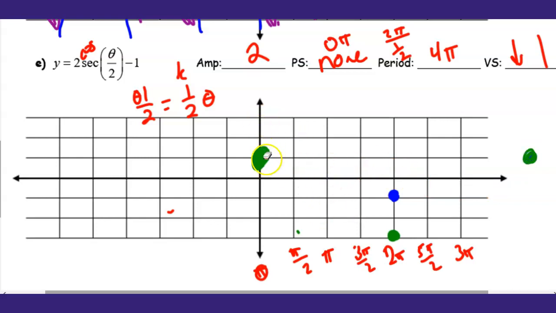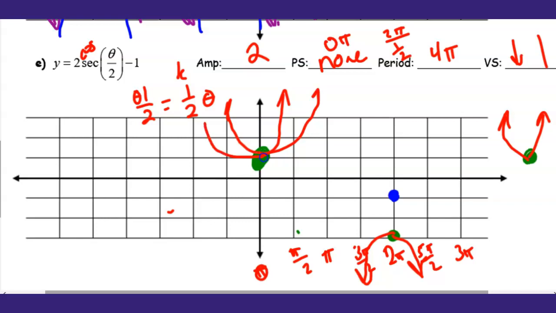And then when we sketch our new cotangent, our new secant, sorry. I said cotangent. There's our new secant. Oh, look, that should be 2 pi. So 1 pi, 2 pi. Hey, this is wider than that.